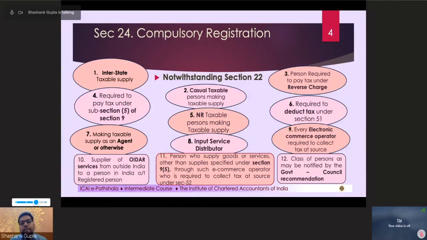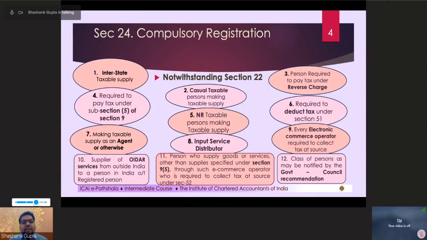For example, suppose there is Mr. X, his turnover is 1,50,000, but he becomes liable to pay tax under reverse charge, and therefore he obtains registration under GST. Now, once he obtains registration under GST, he needs to charge the applicable GST on every transaction post obtaining the registration under GST.